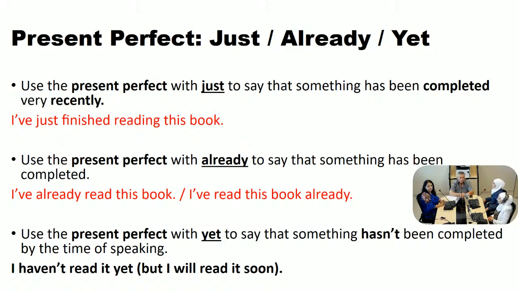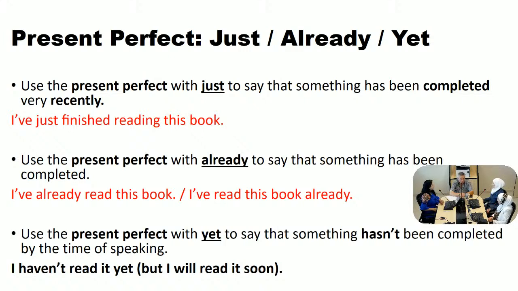The second point, we use the present perfect with already to say that something has been completed. I have already read this book. I have read this book already. We can put already between have and the verb, or at the end of the sentence. So the position of already is movable, not like just.